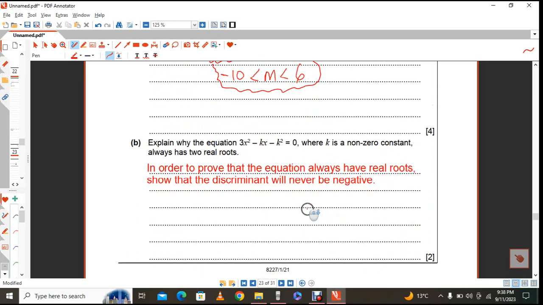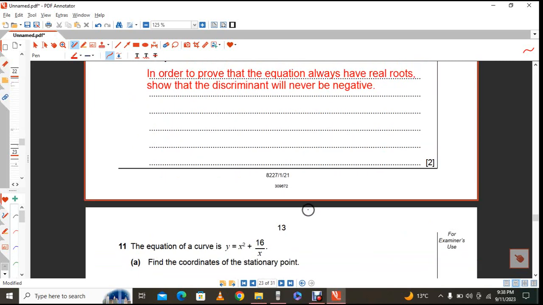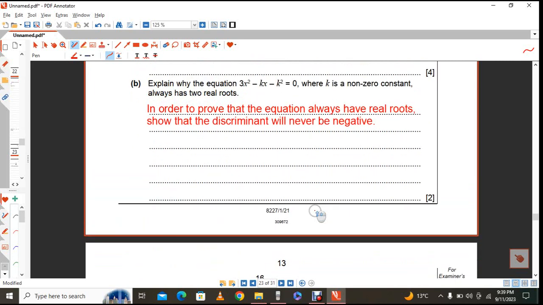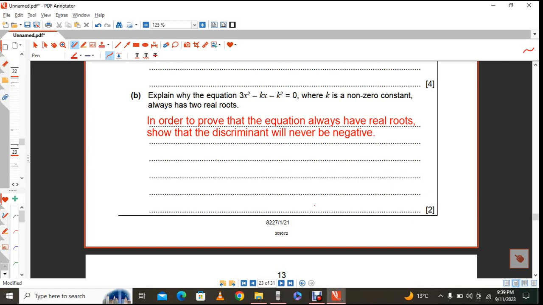Okay, so the second part, of course, they're saying explain why this equation 3x squared minus kx minus k squared equals 0, where k is a non-zero constant, always has two real roots. In order for us to prove that the equation always has two real roots, remember, you're not solving this equation. You have to show that the discriminant will never be negative.